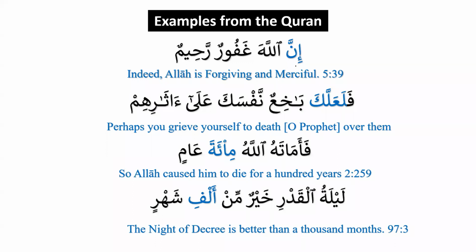So for inna, we have this example, inna Allaha ghafurun rahim. Indeed, Allah is all forgiving and merciful. Here we can see that after inna, the noun is mansub and it is called ismu inna, and the khabar is called khabaru inna, and ghafurun and rahimun are the sifat of Allah subhanahu wa ta'ala.